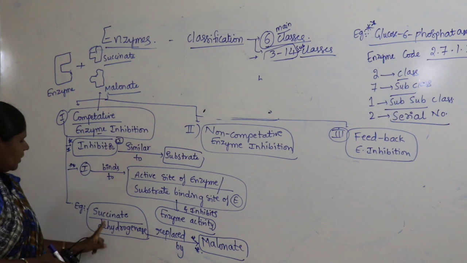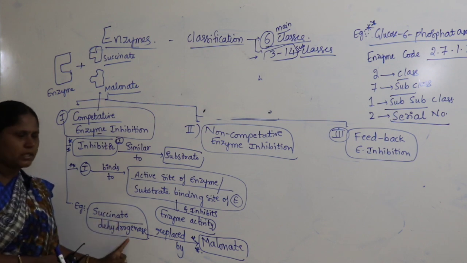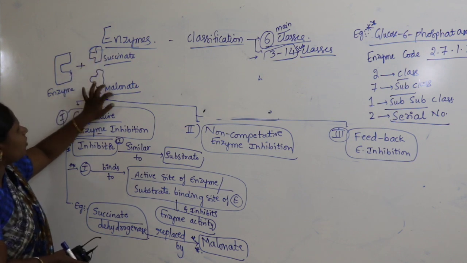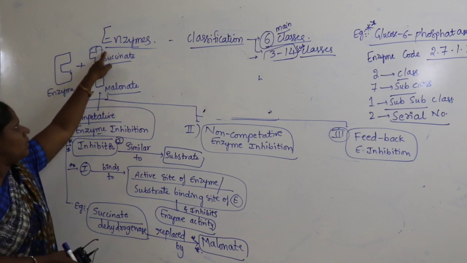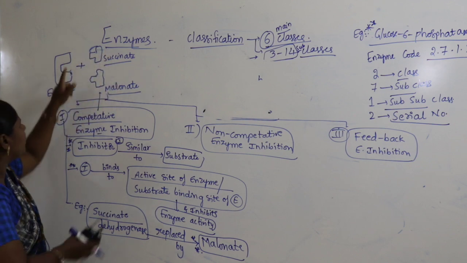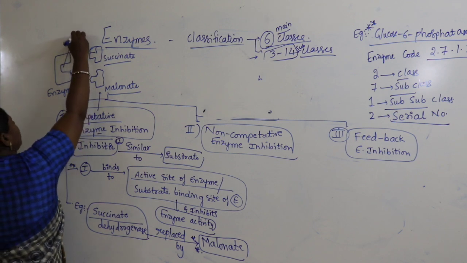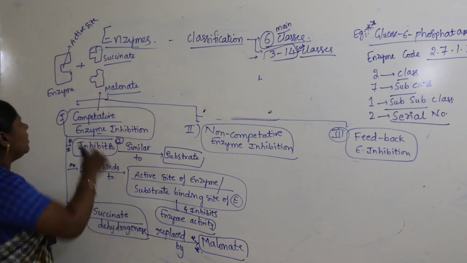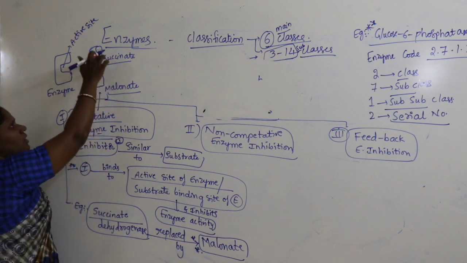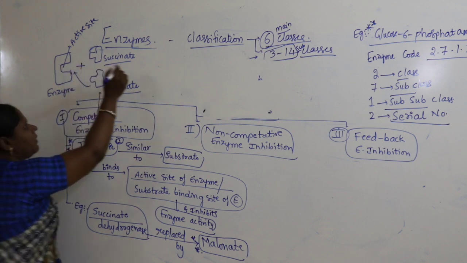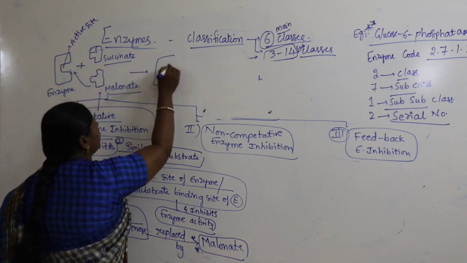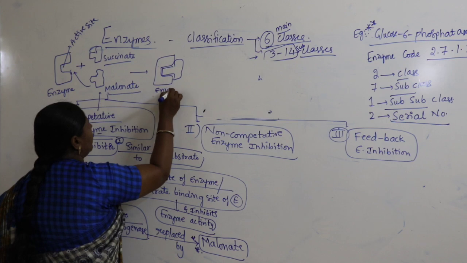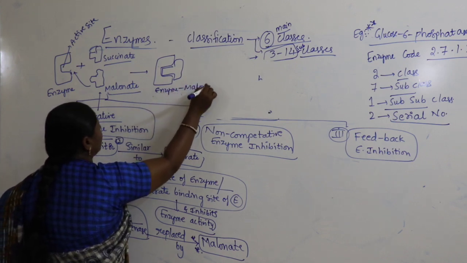This component is succinate. Now malonate also looks exactly like succinate. Where will succinate go and bind? It will bind to the active site. Instead of succinate binding to the active site, malonate, which structurally resembles succinate, will go and bind to it. So this is the enzyme, and along with that you find malonate.